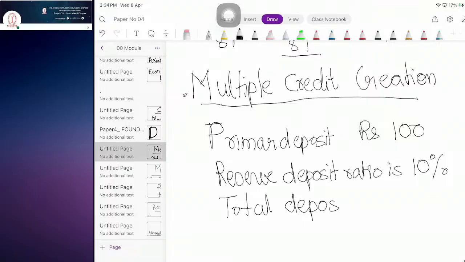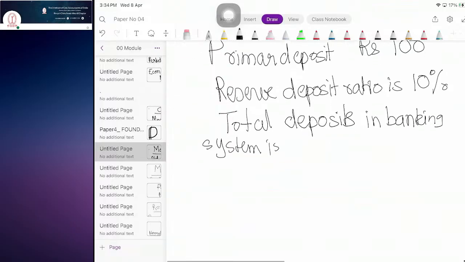Total deposits created in the banking system is primary deposit upon the reserve deposit ratio. It is given by this formula: primary deposit upon reserve deposit ratio.